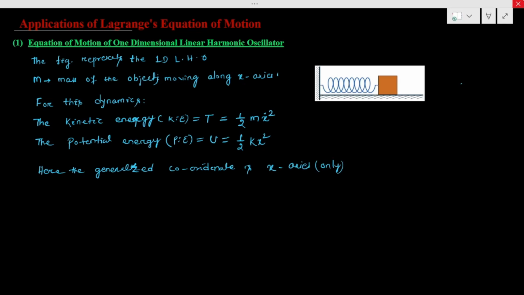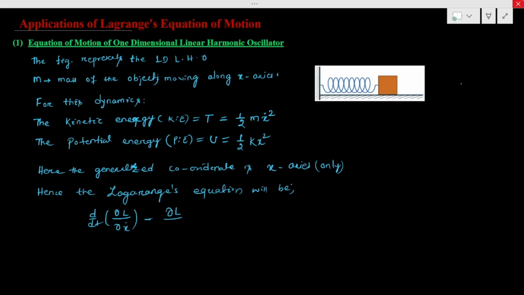Hence the Lagrange equation of this system, not equations, because along the x axis only, so only one equation we can find, will be d by dt of del L by del x dot, here the generalized coordinate is x only, minus del L by del x equals 0. Let this be equation number 1.